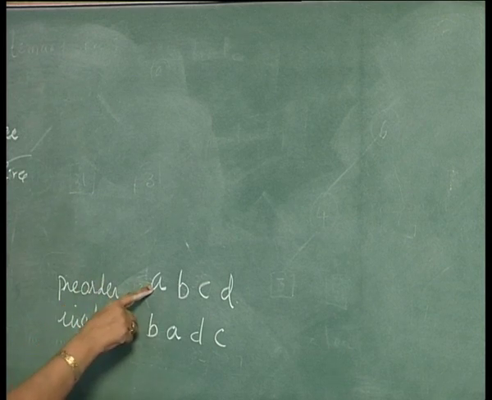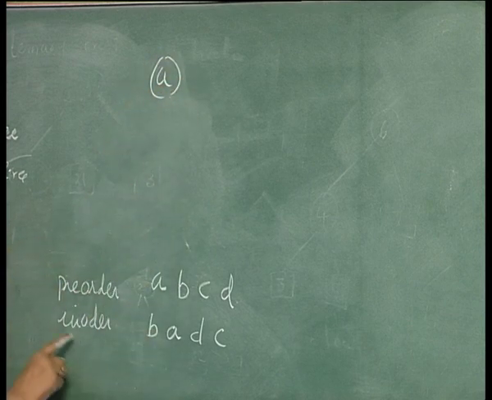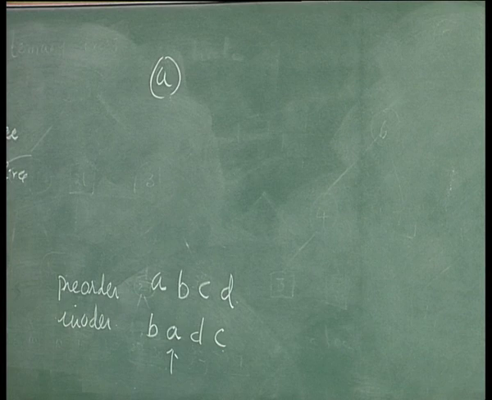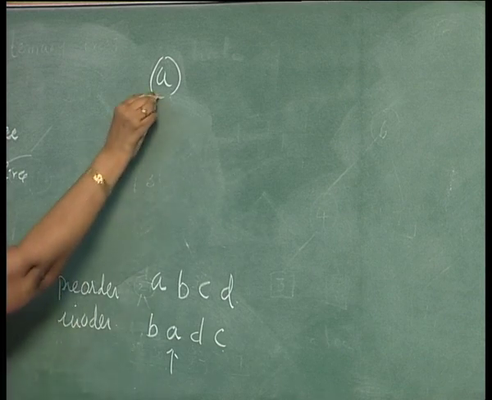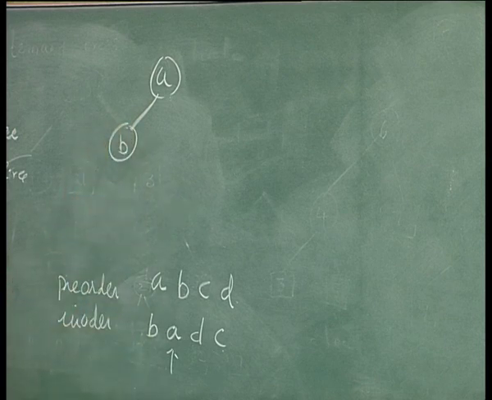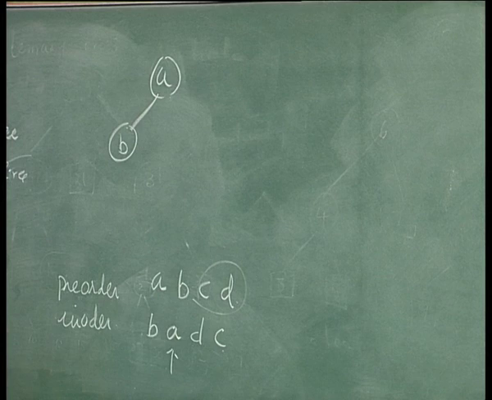In the pre-order, A is the first, so A is the root. In the in-order, A is the root, so whatever is appearing on this side is the left subtree and this on the right subtree. So, B is on the left subtree, there is only one node, so it has to be like this. On the right subtree you have C and D, and the first one will be the root of the right subtree.